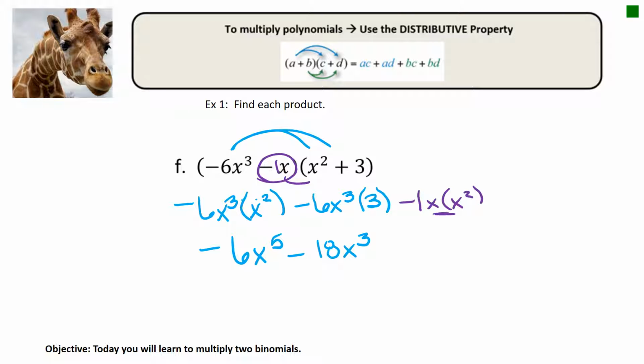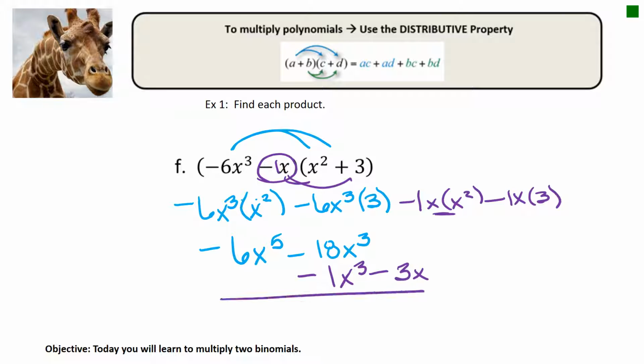That's going to give me an x cubed, so I'm going to put negative 1x cubed right there. And then I have a negative 1x times a positive 3, which is minus 3x. So we've got negative 6x to the 5th, negative 18 minus 1 is negative 19x to the 3rd, minus 3x.